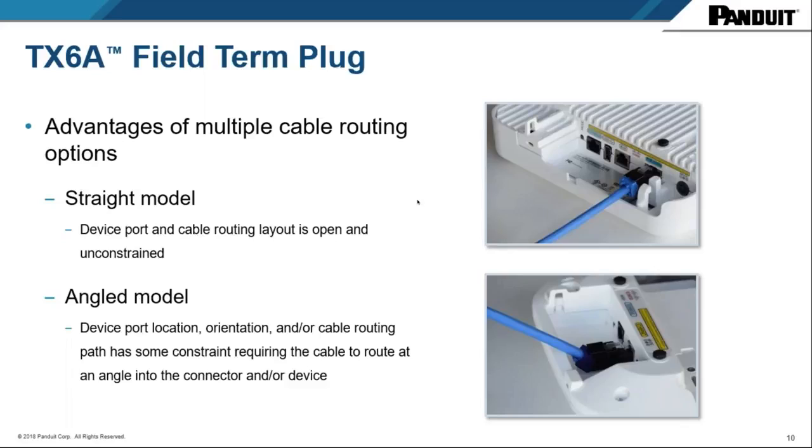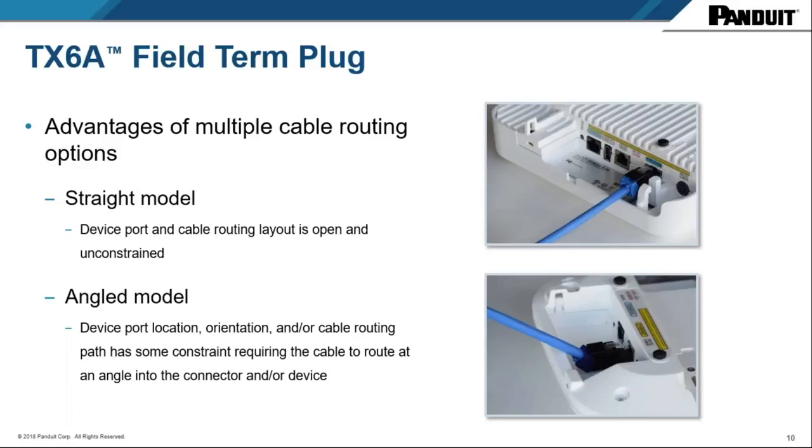It doesn't have the flexibility, and just by virtue of its diameter, it has a larger minimum bend radius than, say, a 28 gauge patch cord. So in the top view, this is an ideal application for a straight model.